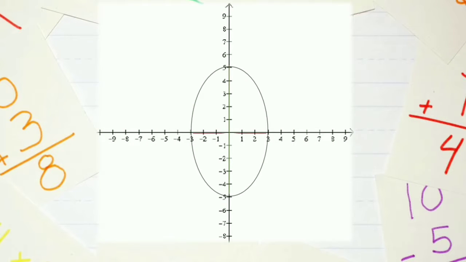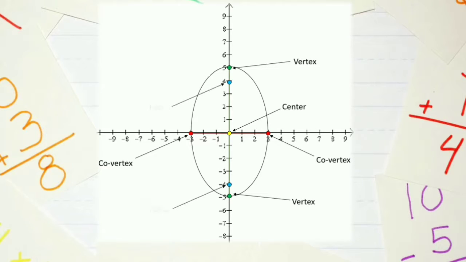In this diagram, the yellow dot shows the center of the ellipse, the green dots show the vertices of the ellipse, the red dots show the co-vertices of the ellipse, and the blue dots show the foci of the ellipse. The line connecting the 2 vertices of the ellipse is called the major axis, and the line connecting the 2 co-vertices of the ellipse is called the minor axis.